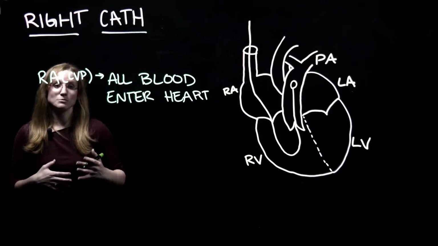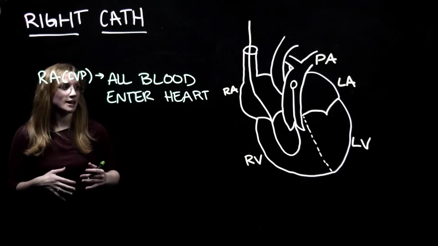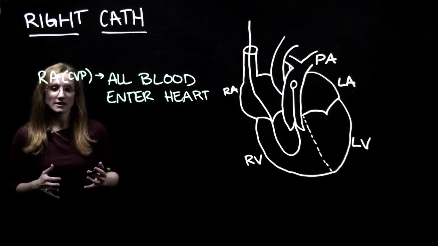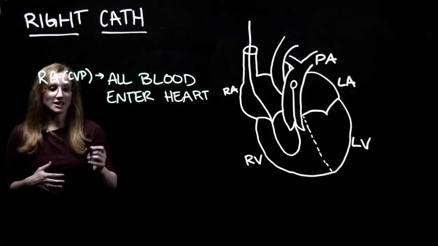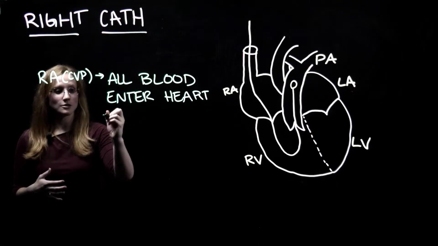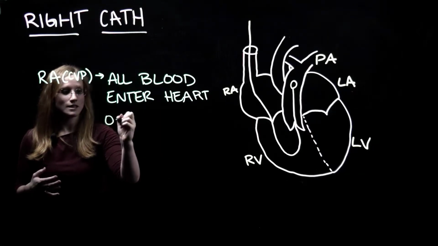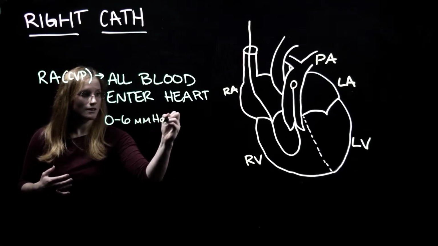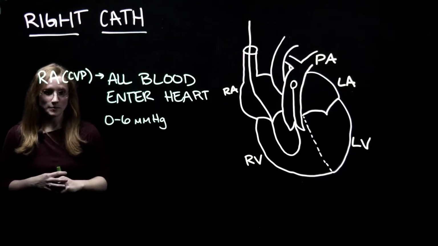In a normal person moving blood efficiently through the heart, it's going to be smaller. So you might guess it's on the lower side, and a normal pressure is anywhere from 0 to 6 millimeters of mercury.